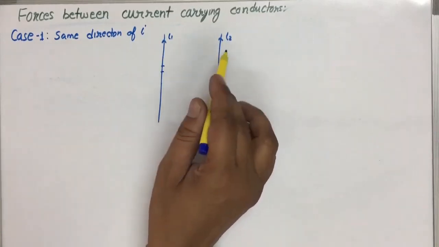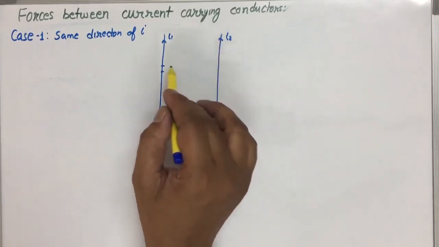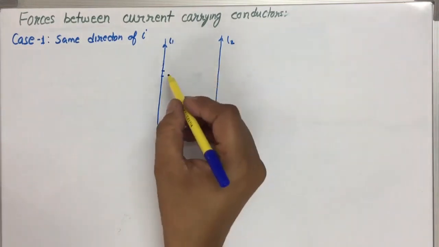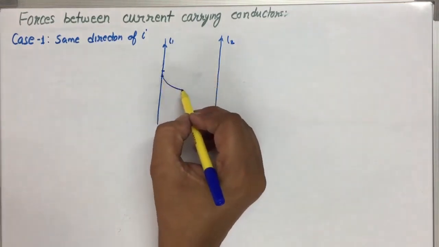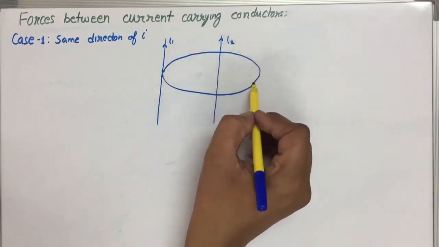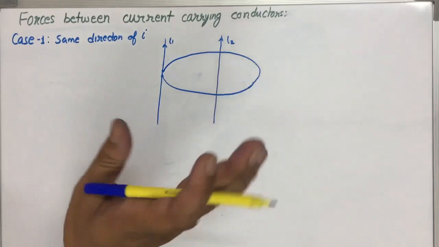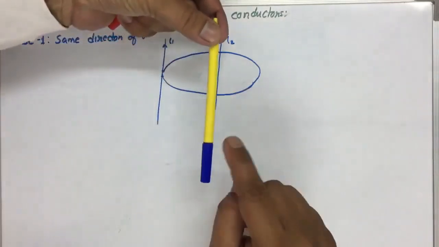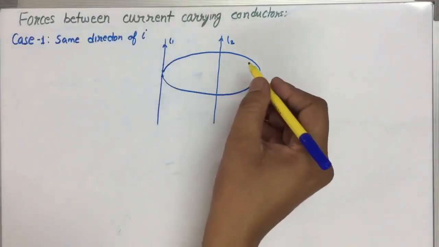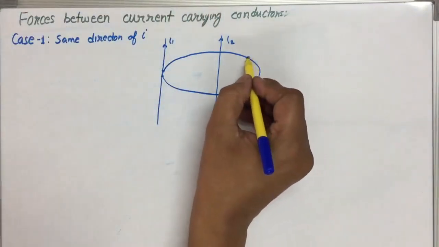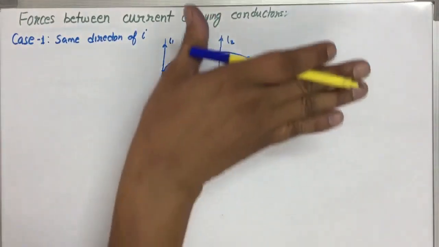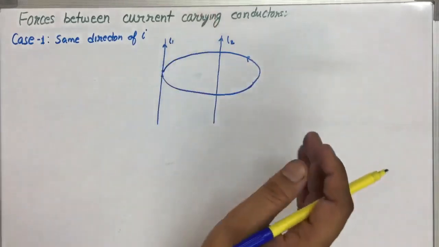We will consider that it is generating a magnetic field and this is placed in that field, and due to this current the field will be, for example this is the current, the field will be like this. This is what I am trying to represent. It will be anti-clockwise as the current is moving like that. Current is moving this way, field will be anti-clockwise.